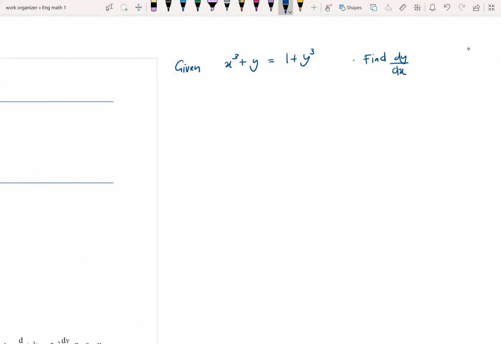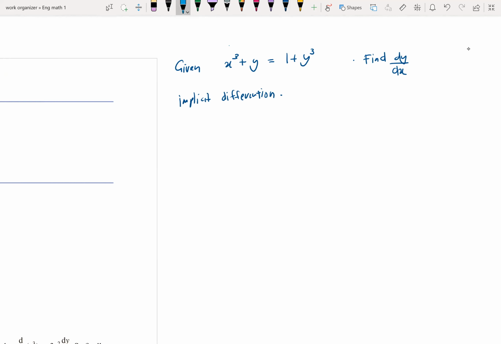So what we have to do is implicit differentiation. We differentiate the left hand side and the right hand side with respect to x.